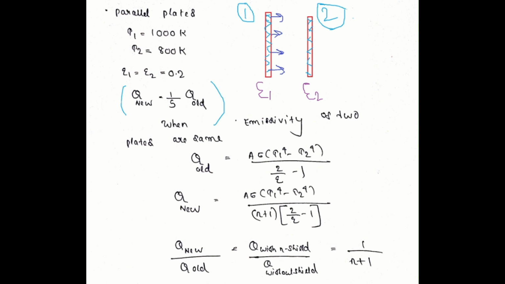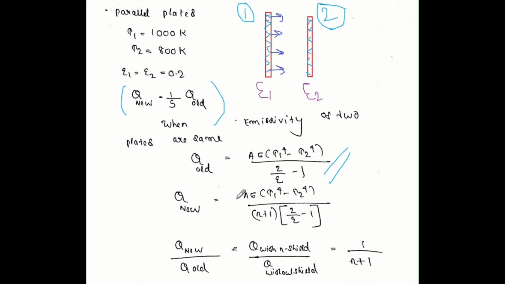If we have two parallel plates having the same emissivity, then the equation to find the heat transfer rate between the two plates is A sigma (T1 raised to 4 minus T2 raised to 4) divided by (2/epsilon minus 1), when there is no plate between them.